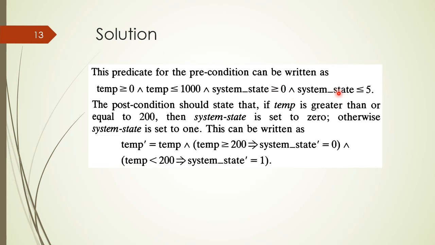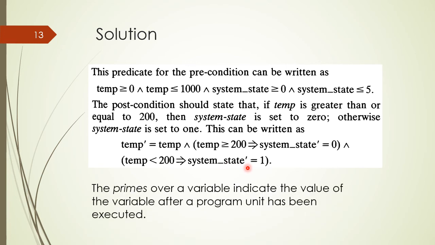And we can formally specify its post condition: temp prime is equal to temp, and temp is greater than or equal to 200 implies system state prime is equal to 0, and temp is less than 200 implies system state prime is equal to 1.